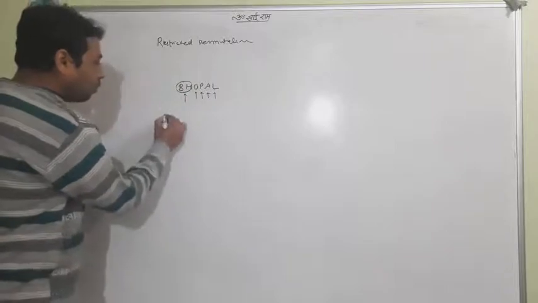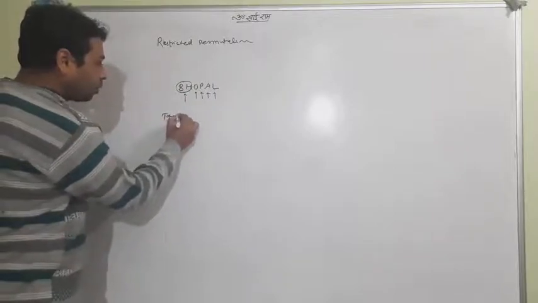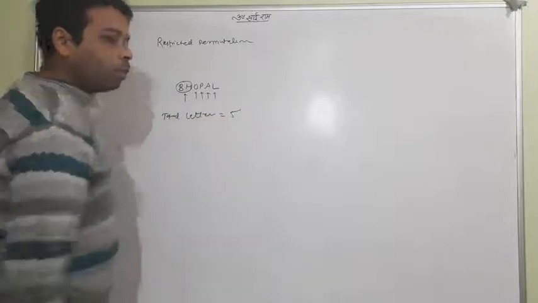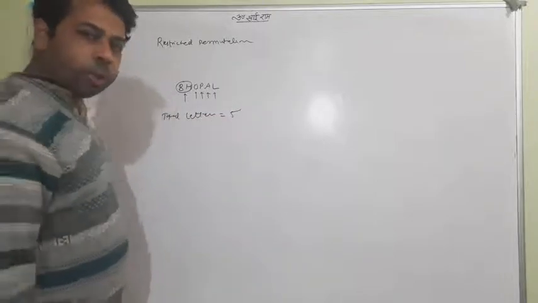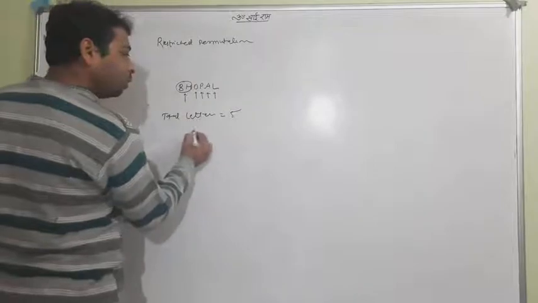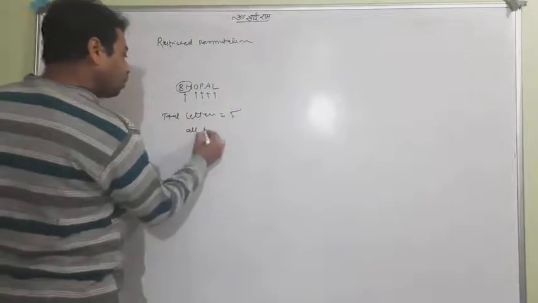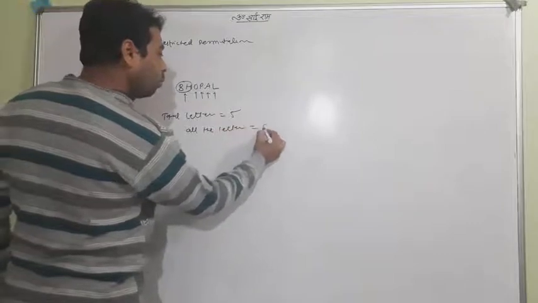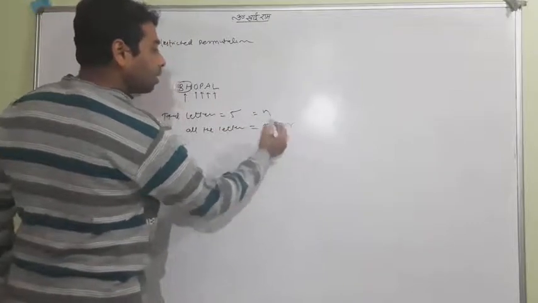Now we have total letters n equal to 5, and we have to take all the letters, meaning r is also 5. This is n, this is r.